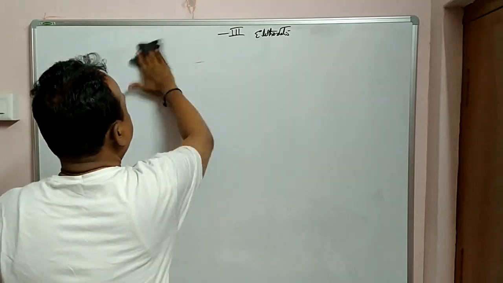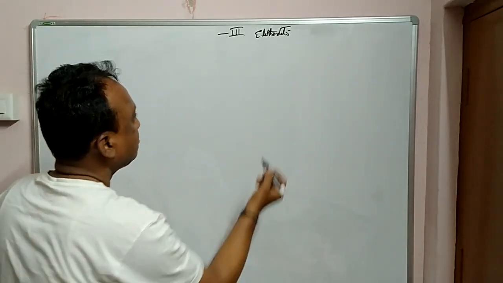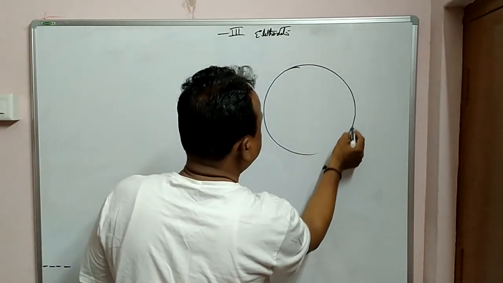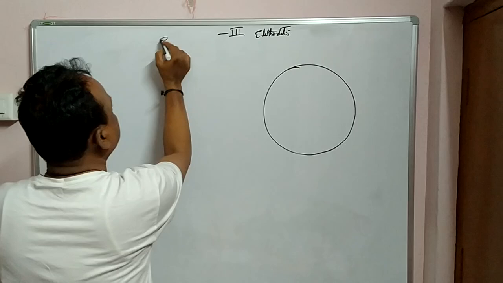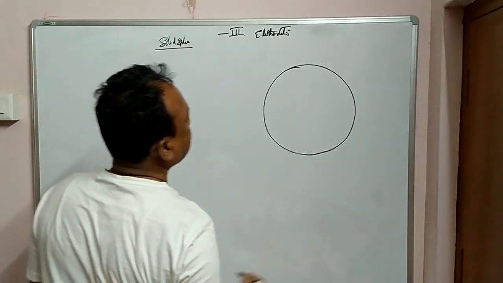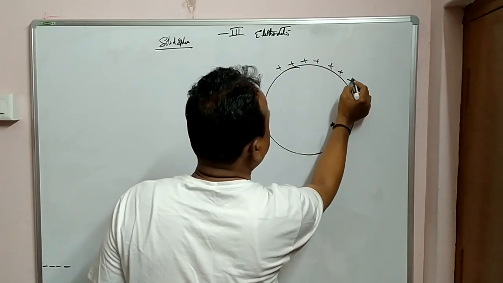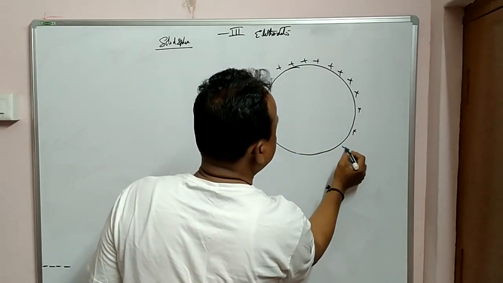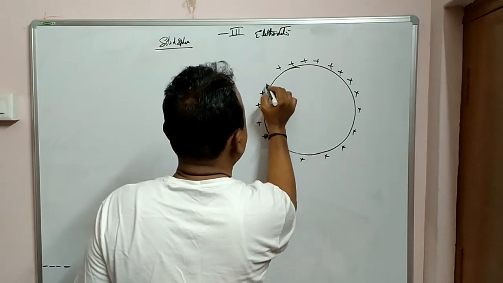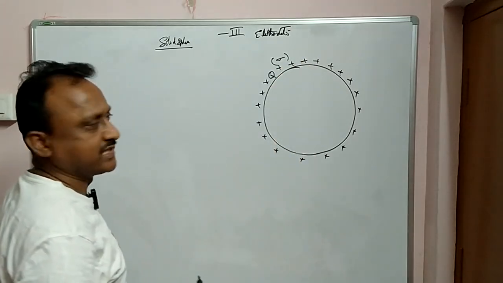For example, if you take any sphere, suppose this is a solid sphere, and it is carrying some charge plus q, and let sigma be the charge density.